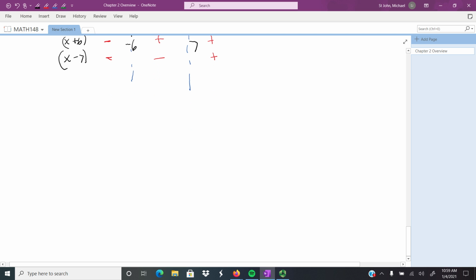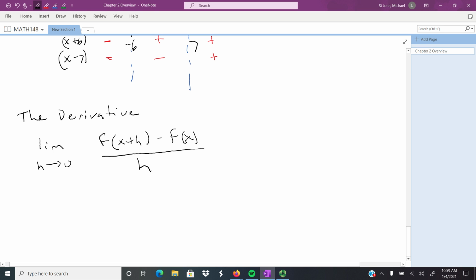So then you get to what is called the derivative. And the derivative is basically what we just looked at, and that is the limit as h goes to 0 of f of x plus h minus f of x, all over h.